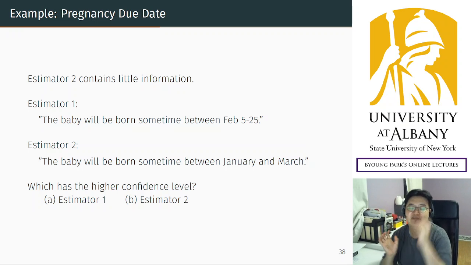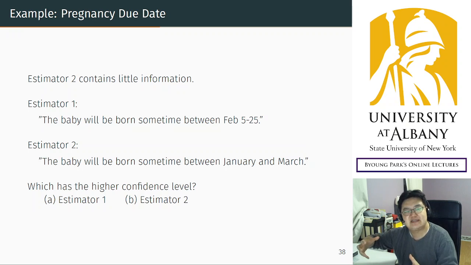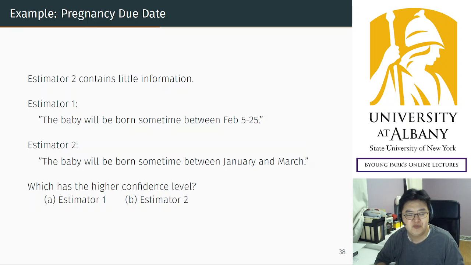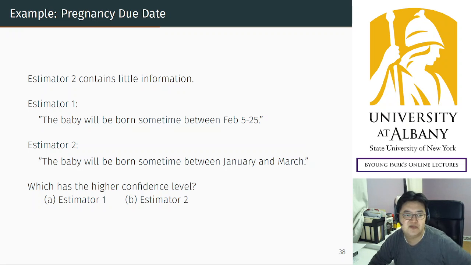It's a trade-off. You want to make your estimator more informative, so that it contains some information that's scarce or new. But when you do that, there is a risk, because to make it more informative, you have to make it compact, but then you are losing some probability.